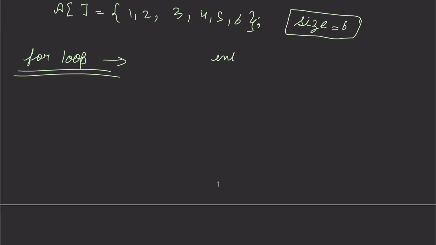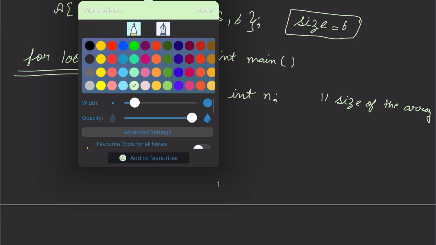Okay, inside my int main function I want to take int n. It is the size of the array.